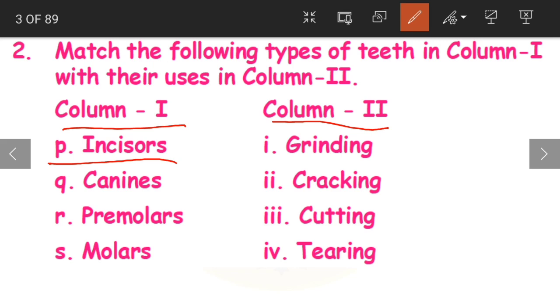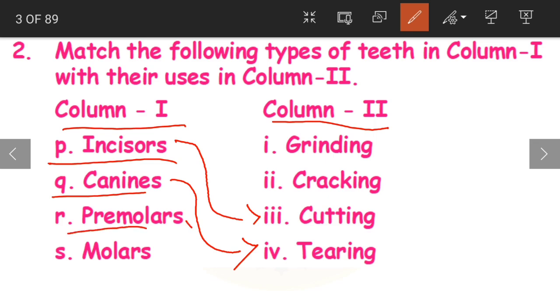Now we'll identify the work, what exactly they do. Incisors, children, the first 4 teeth, are used for cutting the food. Canines, that is Q, are used for tearing the food. Clear? And R, what are these R? These are premolars. These are used for cracking the food.